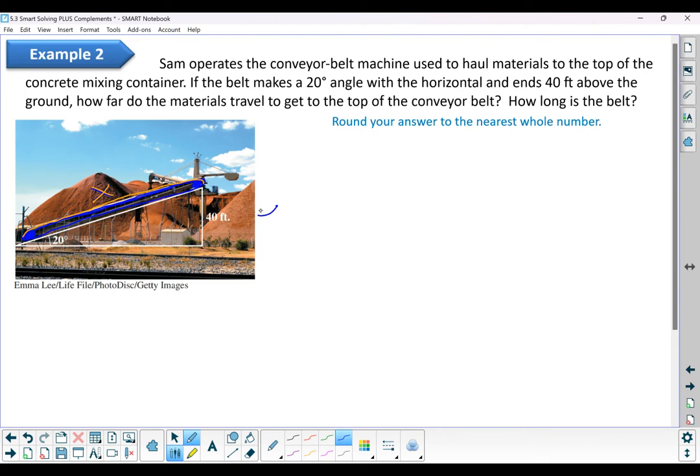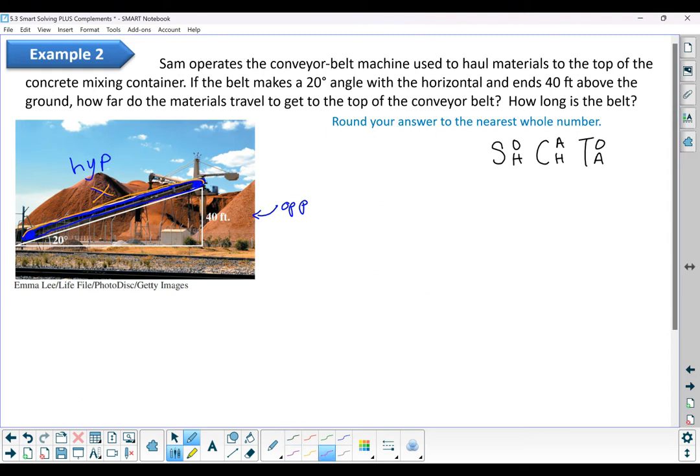I'll just label it out here. That's the opposite side. And then the side that we're trying to calculate is the hypotenuse of the right triangle. So our trig ratios, sine, cosine, and tangent. Whoops, sorry. TOA, what am I doing?